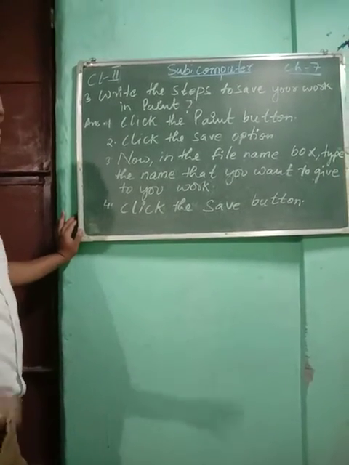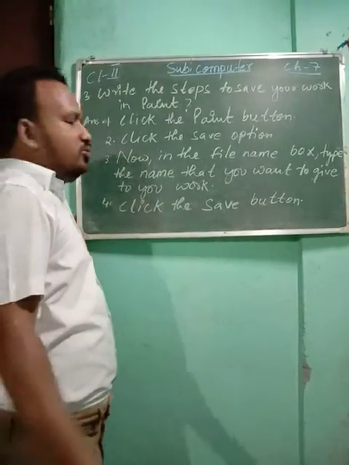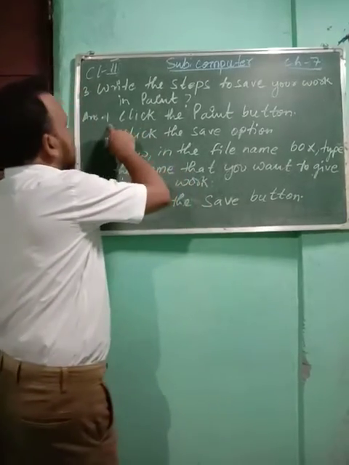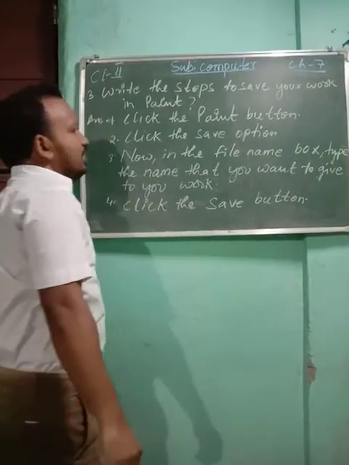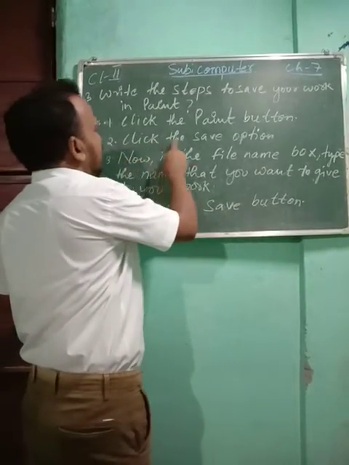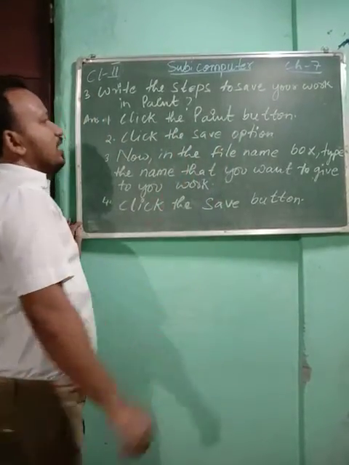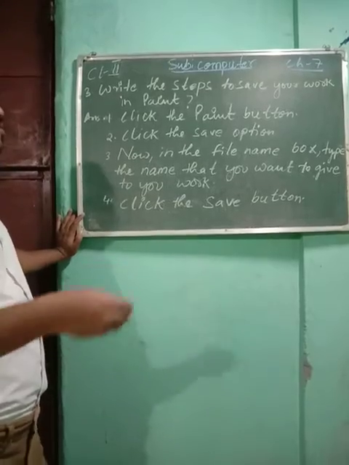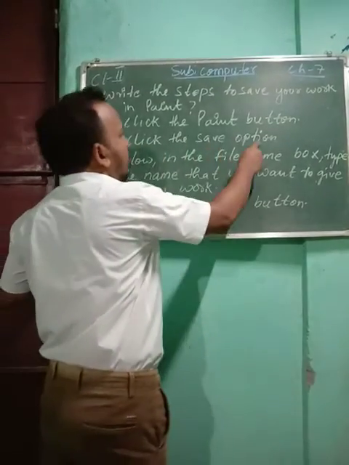While I was explaining the chapter I have already told you, so it is in the question answers. So first click the paint button. Second step, click the save option. When you click the paint button, a menu will come. From there you will click the save options.